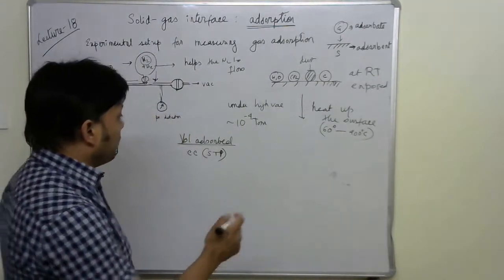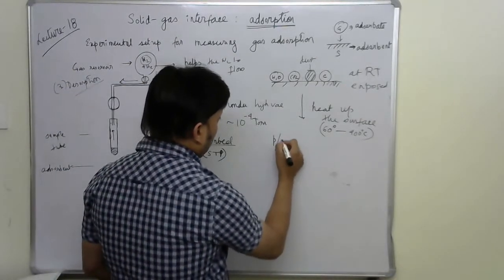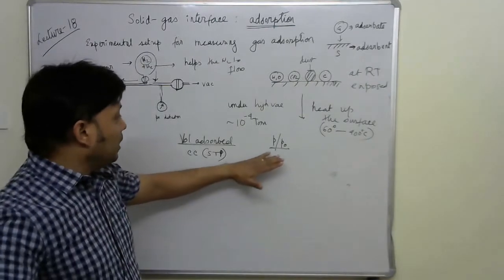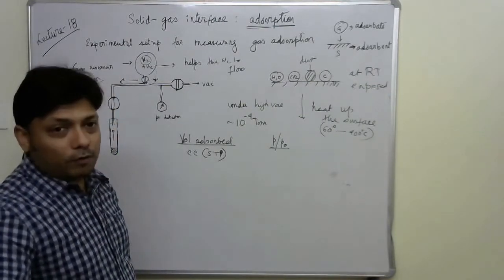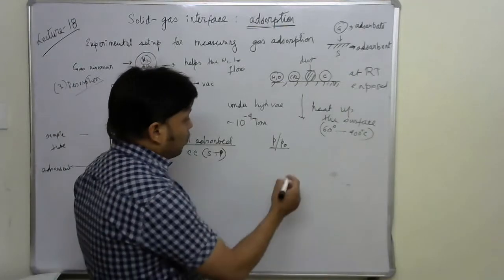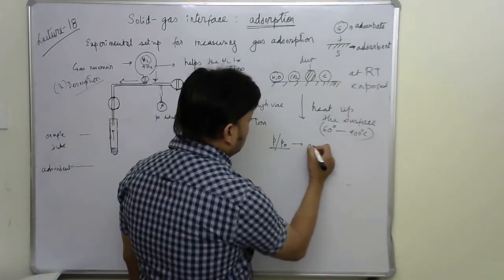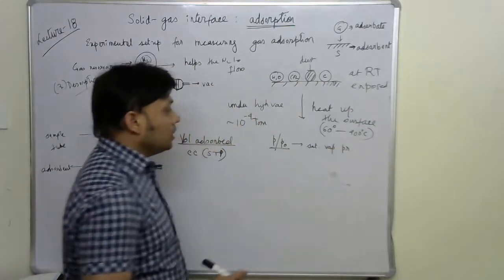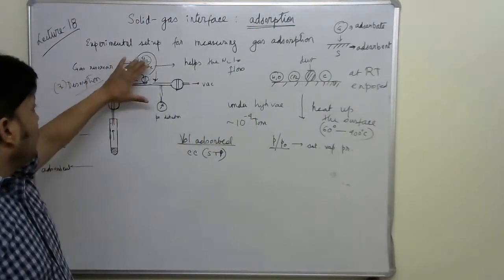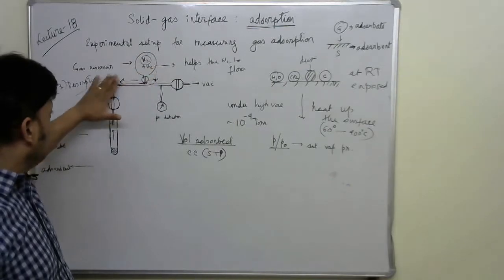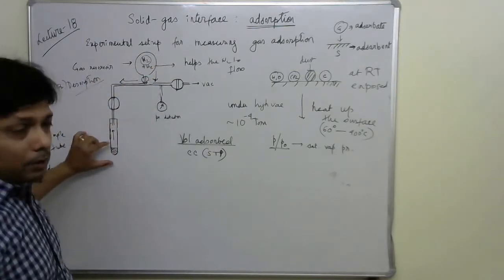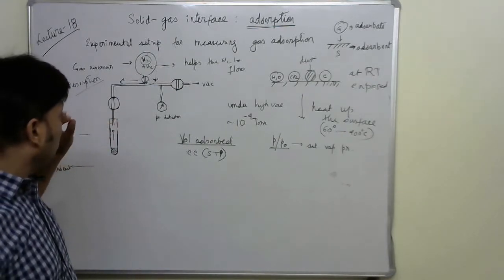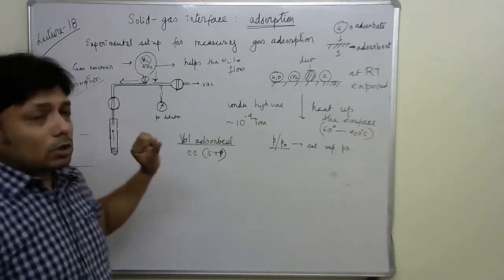Okay, so this pressure is usually reported as a P over P naught value, which means it's a fraction. So what is P naught? P naught is the saturation vapor pressure of the gas. Whenever we slowly increase the pressure of the nitrogen on the sample in the sample chamber, there will be a point coming, called the condensation point.